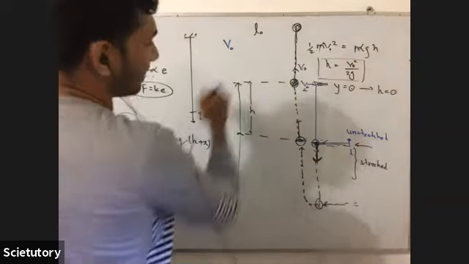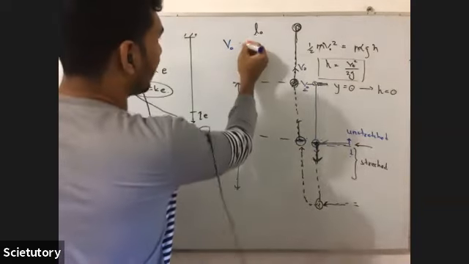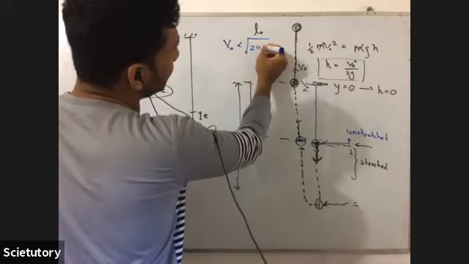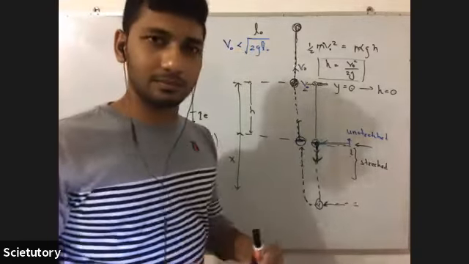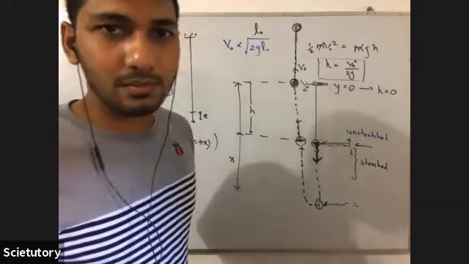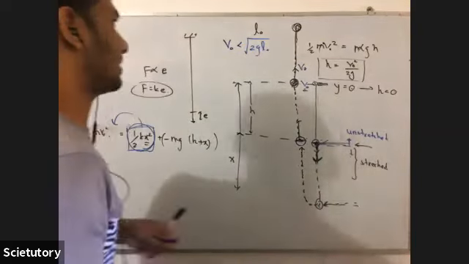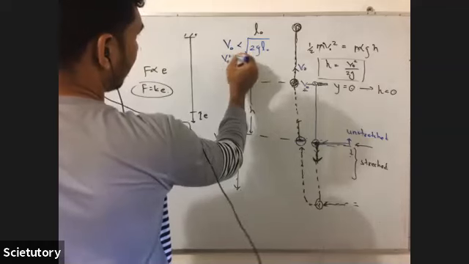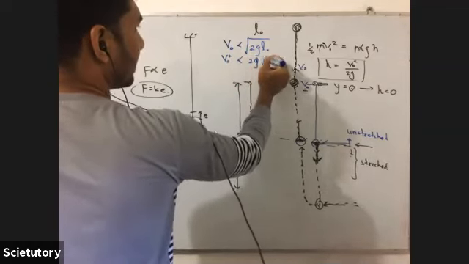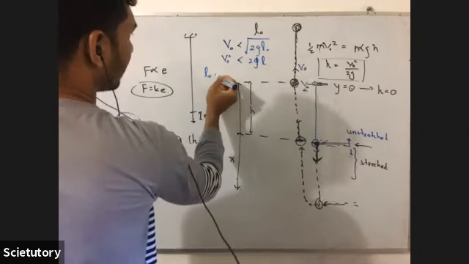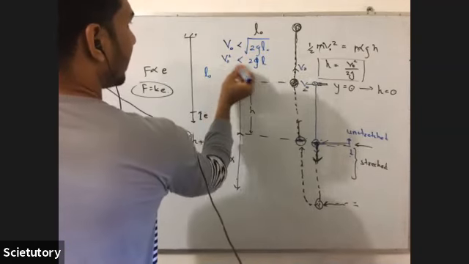They are giving V naught less than root 2 g L naught. What do you think about this? Just simplify this and make L naught the subject of this inequality.